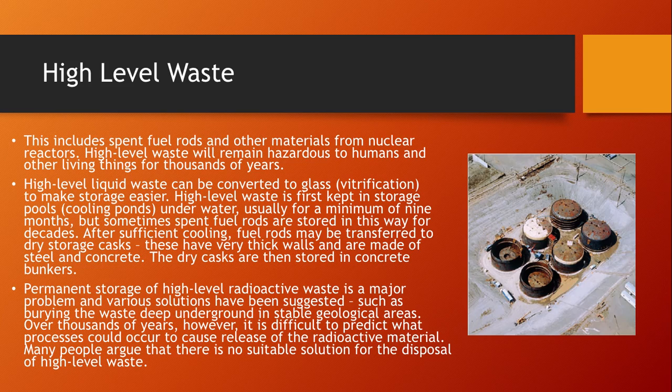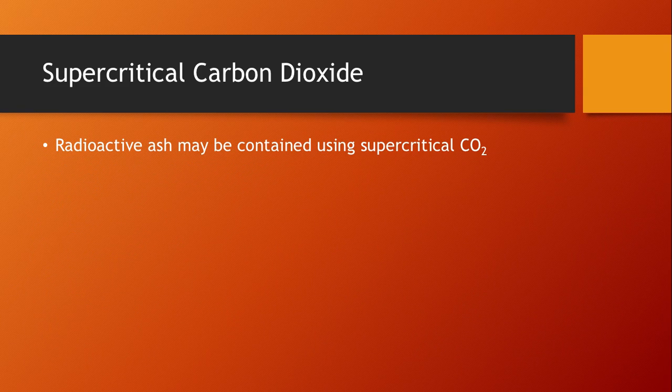And there is some argument that there is no suitable solution for the disposal of this high-level waste. We mentioned before that supercritical carbon dioxide could be used to contain radioactive ash after it has been incinerated.